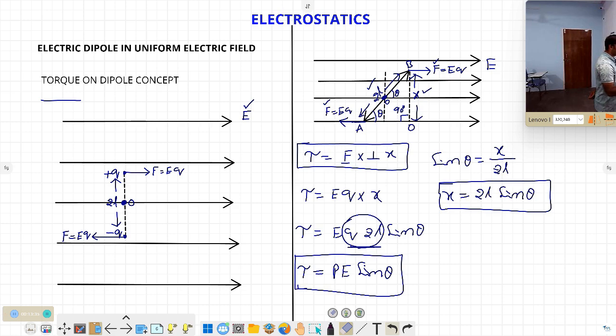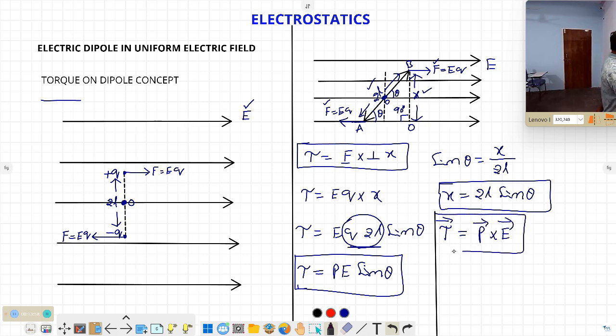According to vectors, we use the sine of the angle when two vectors are multiplied using the cross product. Here torque is a vector quantity. Torque is a vector quantity. That's why we get P sine theta. That means P is one vector quantity, cross E, the electric field, is another vector quantity. So the cross product of dipole moment and electric field gives the torque.